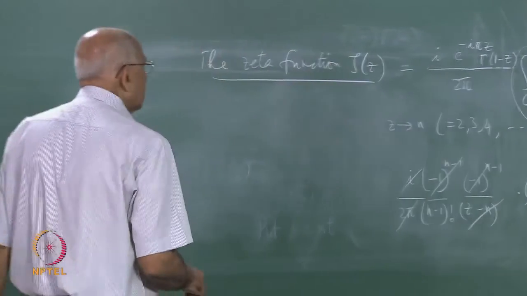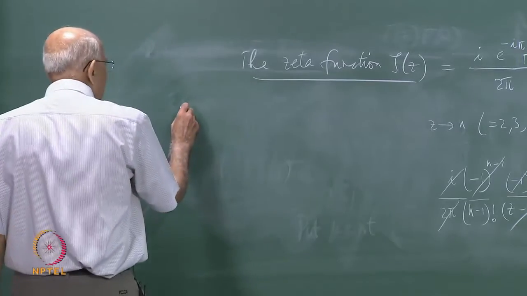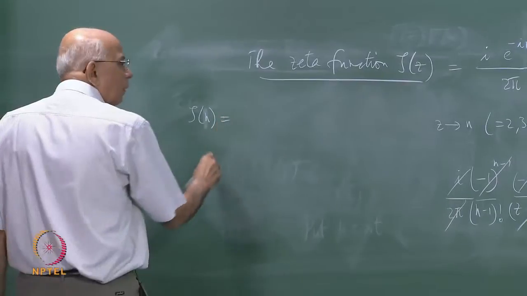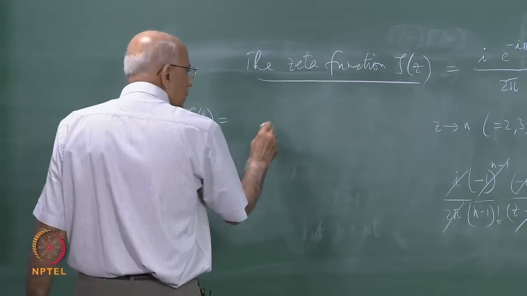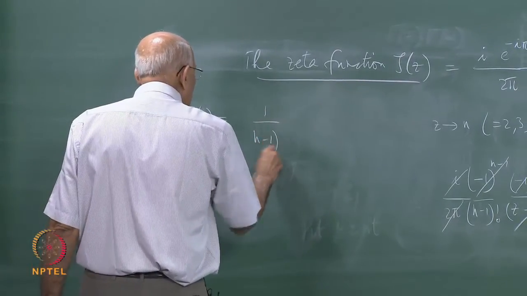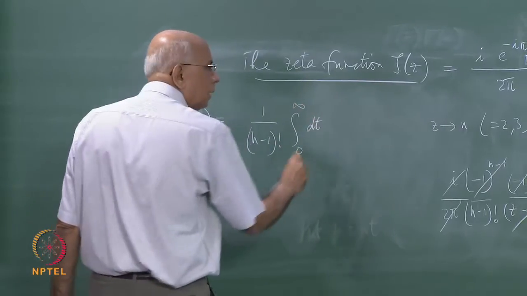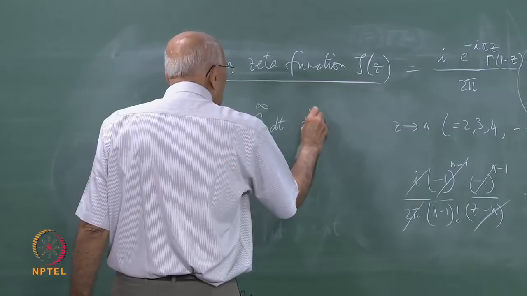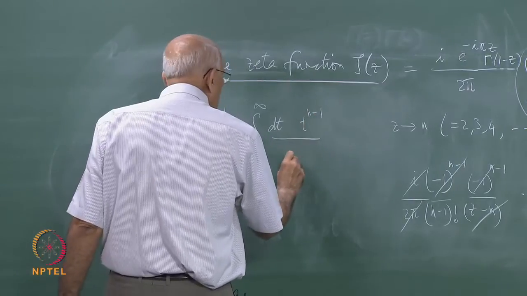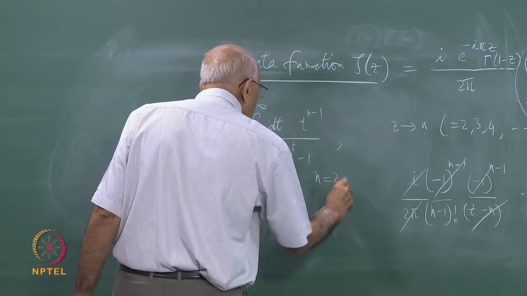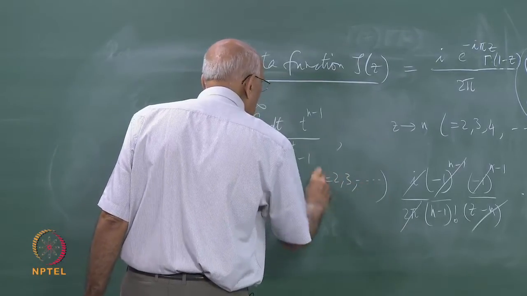So we assert that zeta of n equals 1 over (n minus 1) factorial integral 0 to infinity dt t to the power n minus 1 over e to the t minus 1, n equal to 2, 3, etc.